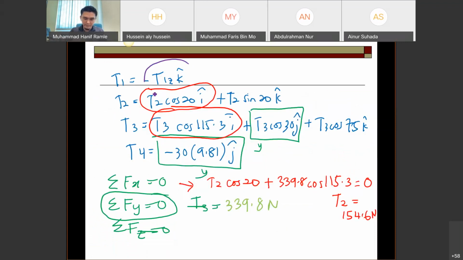And the last component is the Z component. Since we have T2 and T3, we can get T1.